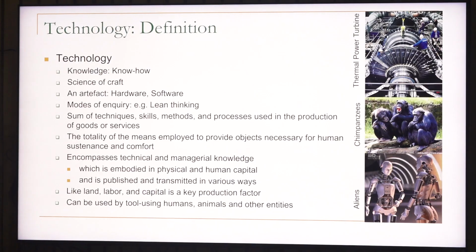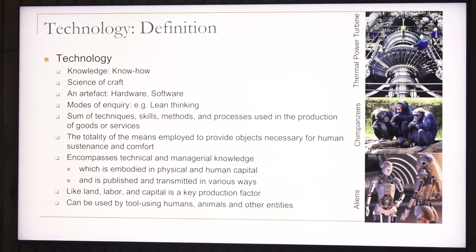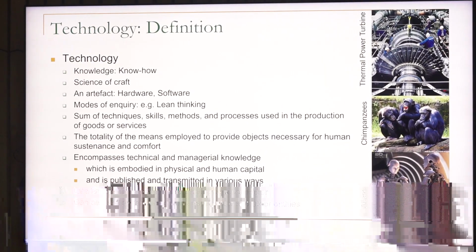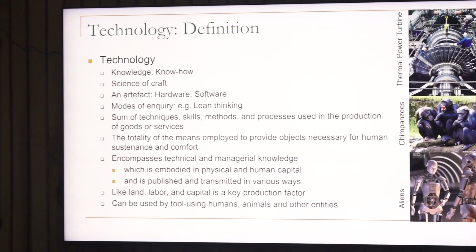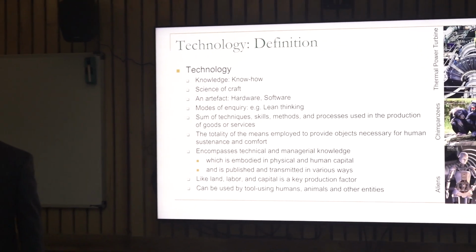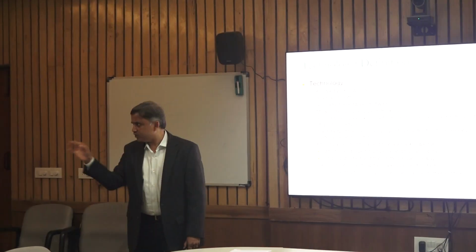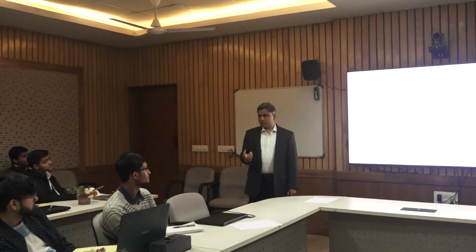Then it is the science of a craft, how you apply principles of scientific know-how. F = ma, F = m dv/dt. What is impulse? Force over a very small amount of time. Or Faraday's law. What is Faraday's law?